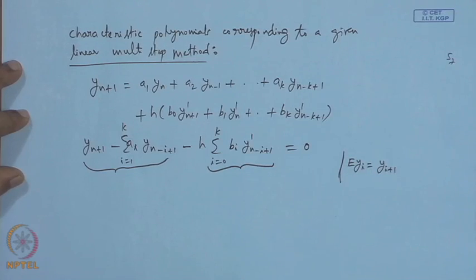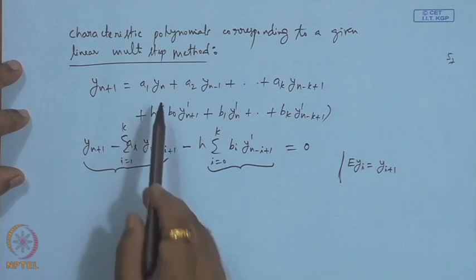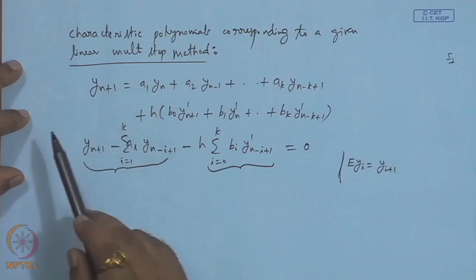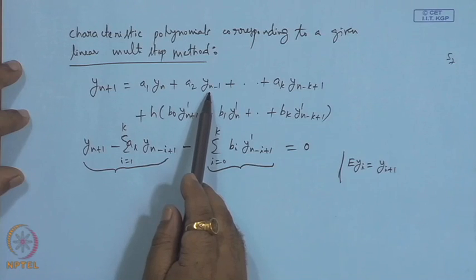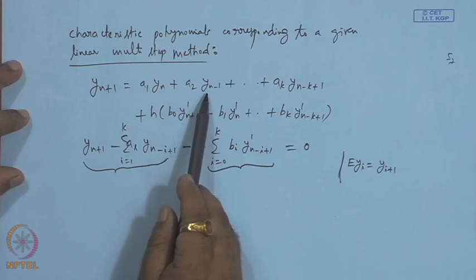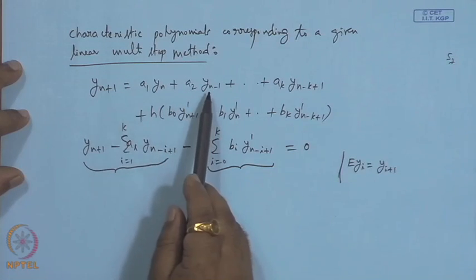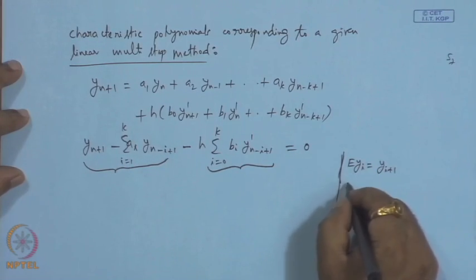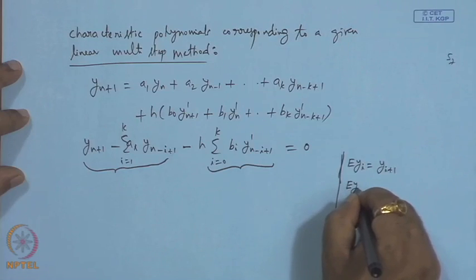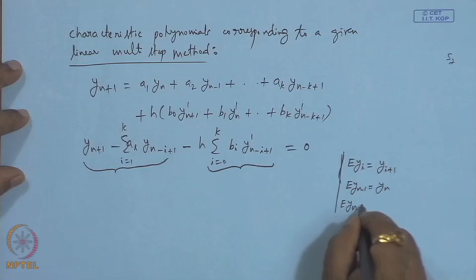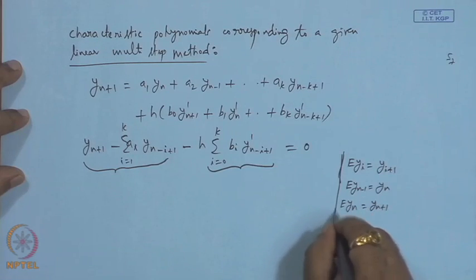Let us look at y n. y n plus 1 is E on y n, and y n minus 1 is such that E on y n minus 1 is y n, E on y n is y n plus 1.